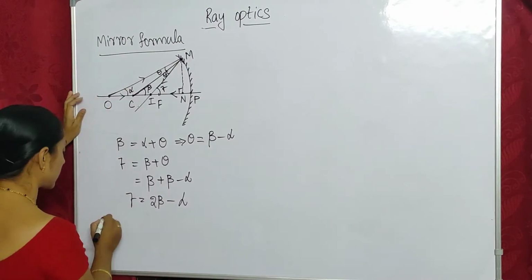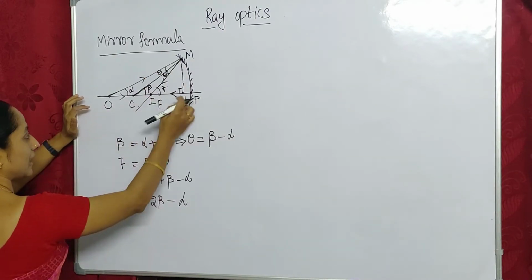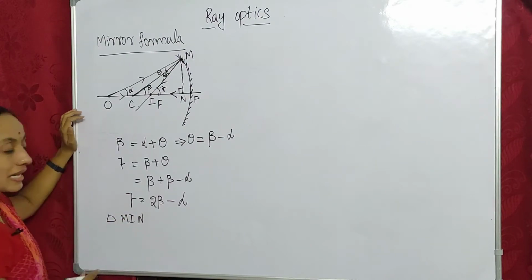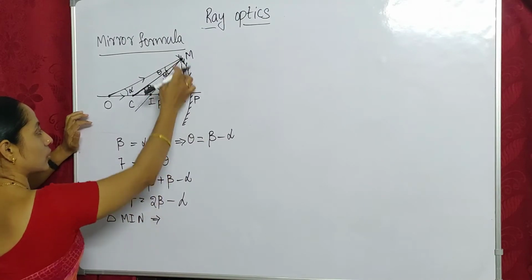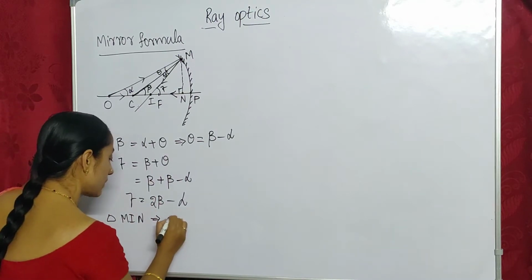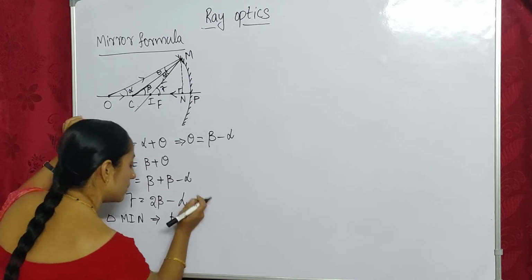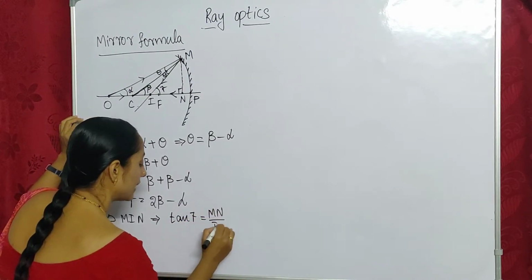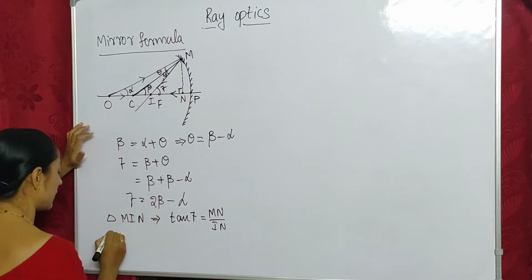Let us start with a triangle. Let us consider the first triangle MIN. From this, what is tan gamma? Tan gamma is equal to opposite side by adjacent side, MN by IN. Yes, it is over. Next right angle triangle MCN.